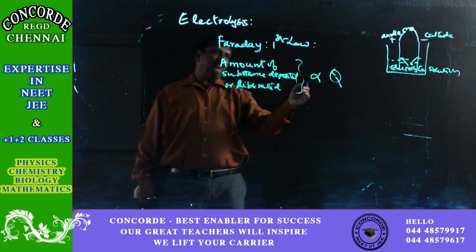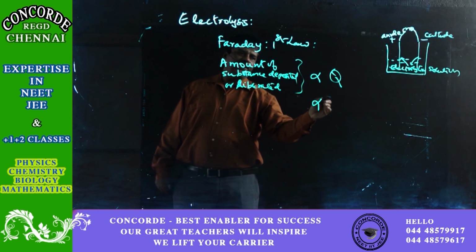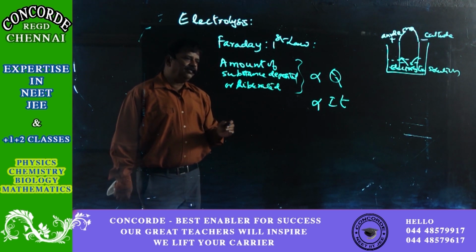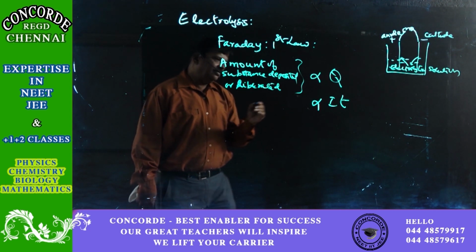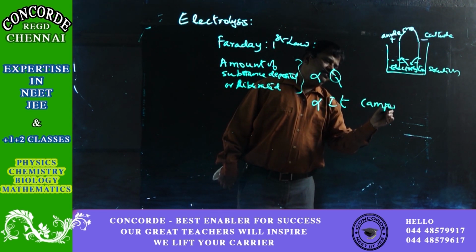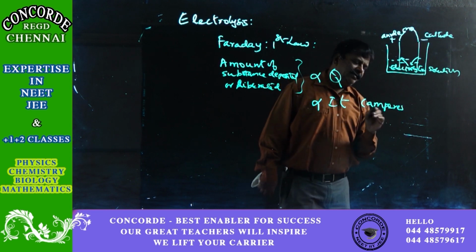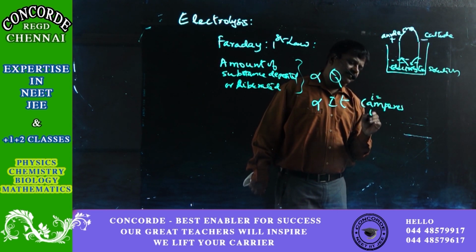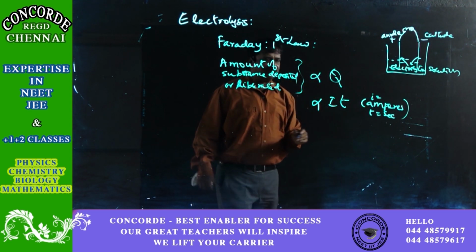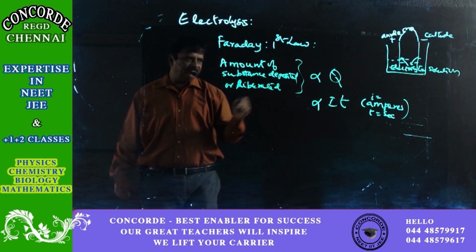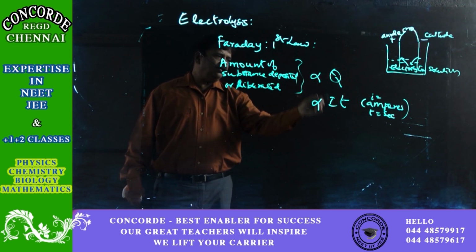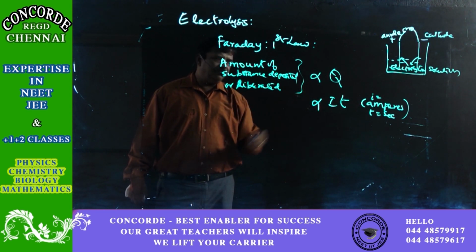So the quantity of current is nothing but I into T, where I is in amperes and T is in seconds. So if we are sending a certain quantity of current, that is this many amperes for this many seconds, that is the quantity of current. Q is nothing but IT.